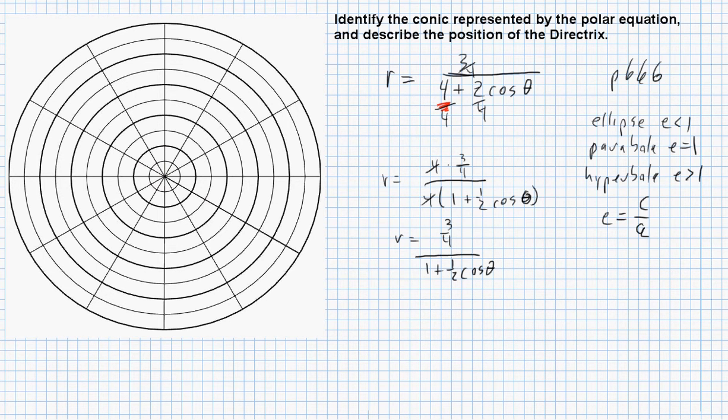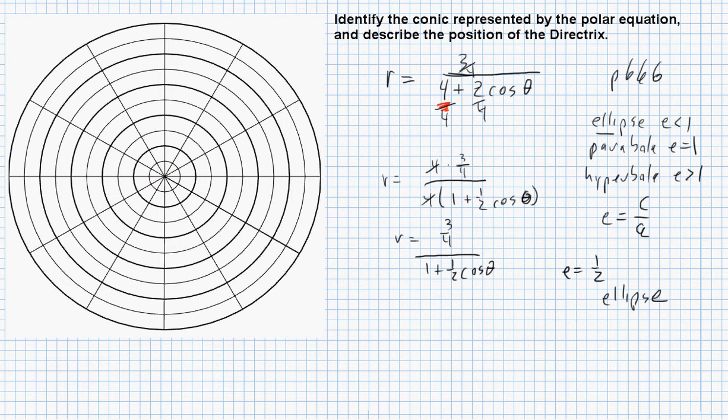Well, we can see from this that E, if we look at the formulas on page 666, is equal to 1/2, which makes it less than 1, which makes it an ellipse. So our conic is going to be an ellipse.